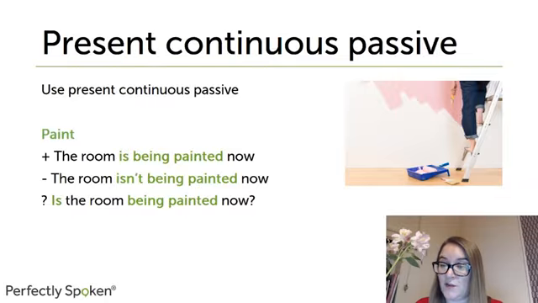Well done if you got that correct. Remember, if you want to say the agent, who is doing the action, you just need to use by. So: the room is being painted now by my friend. The room is being painted now by a decorator. To add in the agent, the who, just use by.